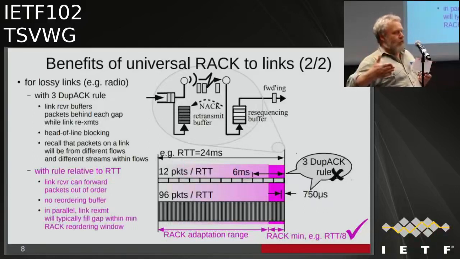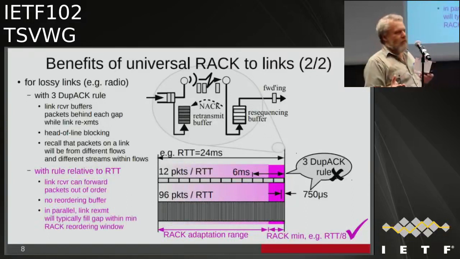And then you have a resequencing buffer at the receiver end of the link. So if there's a link layer retransmission going on, you've got a hole in the link layer sequence numbers, you hold the packets behind that hole until you do the repair, and then you let the whole buffer go out once you've repaired it.